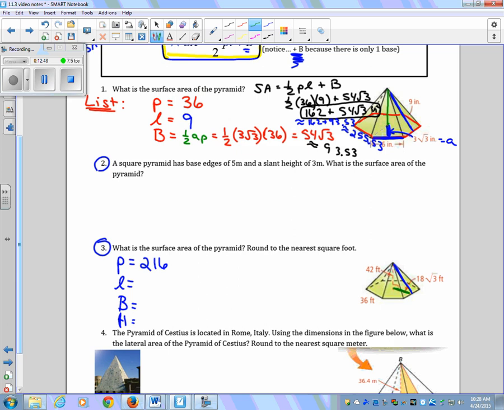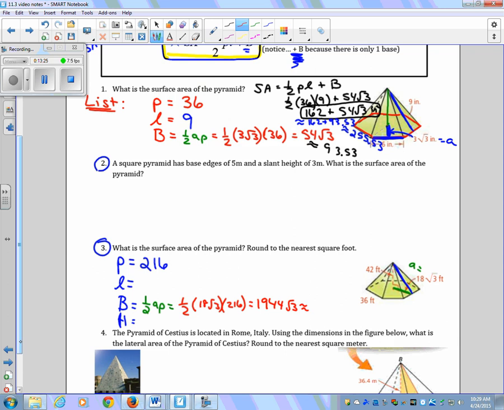They do give us the apothem. Apothem is 18 root 3. So that's going to help us with our 1/2 AP area of the base. We're going to do 1/2 times the apothem, 18 root 3, times the perimeter, which is 216. So 216 times 18 times 1/2 is 1944 root 3.